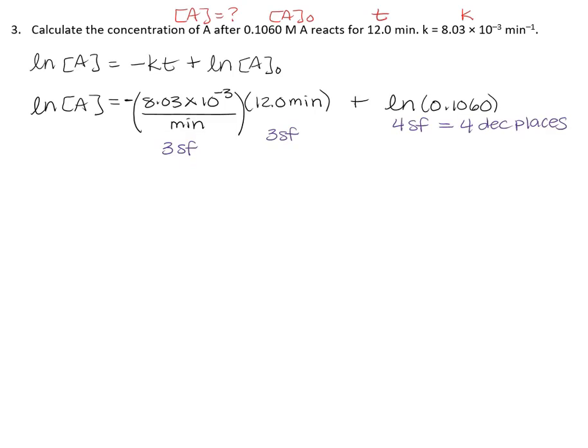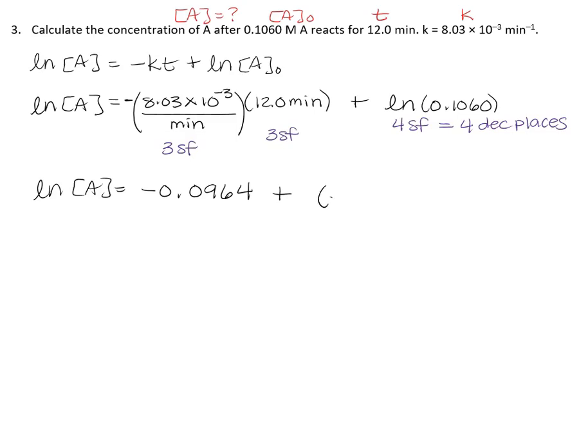Doing these intermediate calculations for the first term, the KT term, we have negative 8.03 times 10 to the negative 3 times 12 minutes gives us negative 0.0964. That's 3 sig figs, plus natural log of 0.1060. So we need 4 decimal places for that second term.